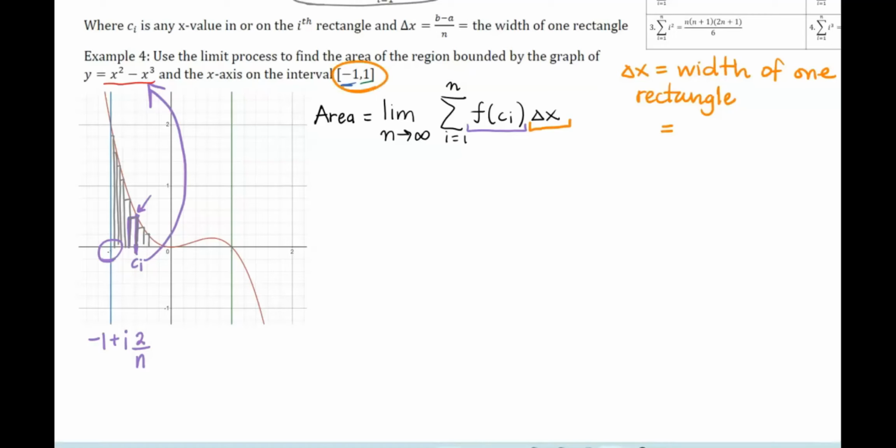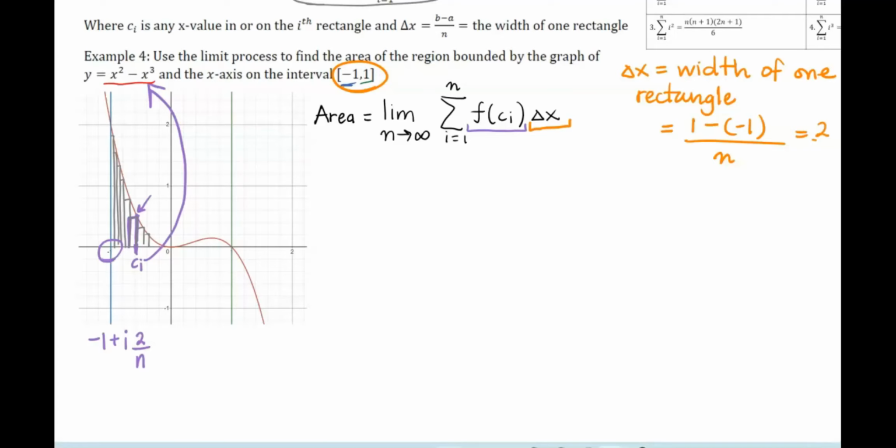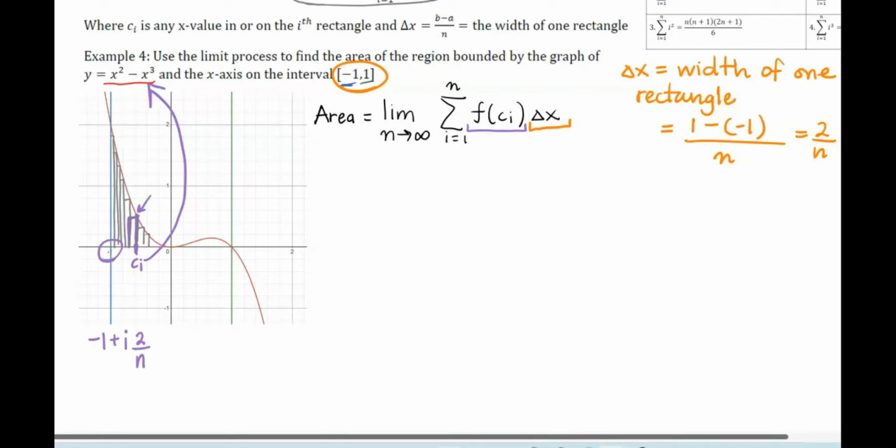Our interval is from -1 to 1, and so that has a width of 2. You get that by doing the larger number minus the smaller number, so 1 minus -1. And you divide by n, because we have n rectangles. This gives us 2 over n. So that's where this 2 over n right here is coming from.